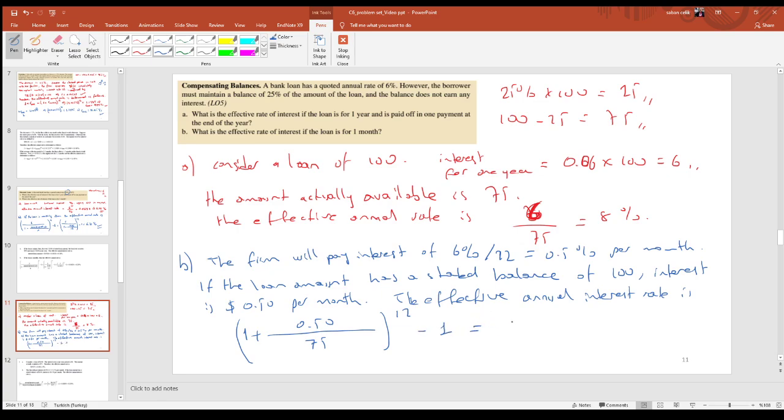This is going to be 8.30% annual interest rate. So let's see what else we have.